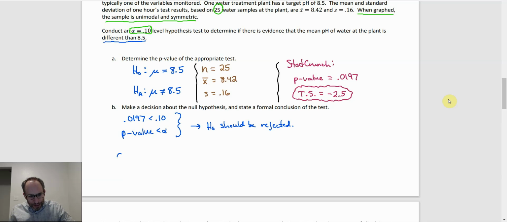All right, and then as a formal conclusion, something like that there is sufficient evidence to conclude, and then we'll just put in what's in the alternative, but in words.